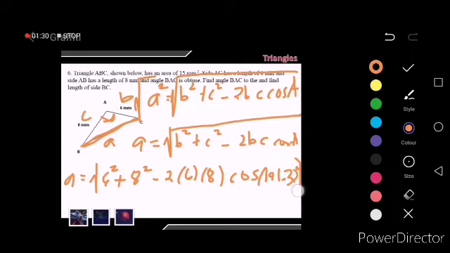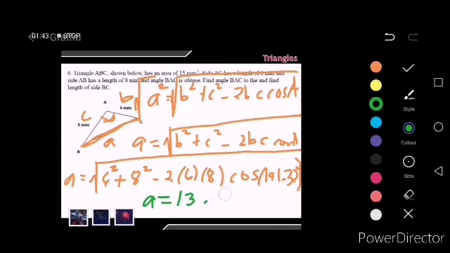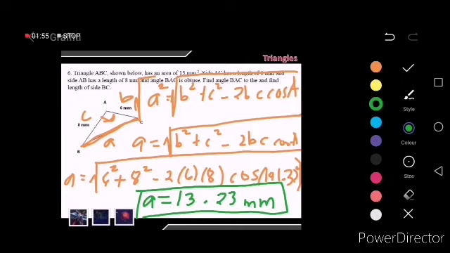Siyempre, don't forget the degrees. Tapos, get the square root. By using your calculator, the value that you could get is A equals 13.23 units. Oops, dito millimeters tayo. Given ng millimeters. So, this is it. Tapos na.